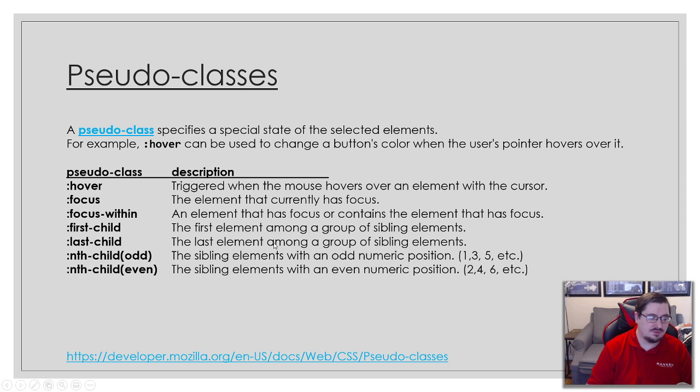I can also use nth child in a variety of different ways. So I can get the odd elements, so 1, 3, 5, etc., or I could get the even elements numbered 2, 4, 6, etc.